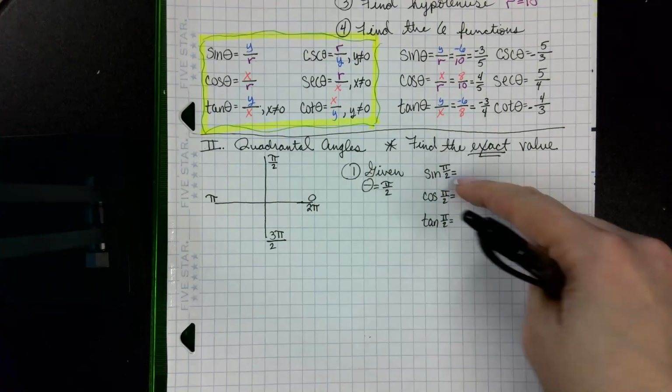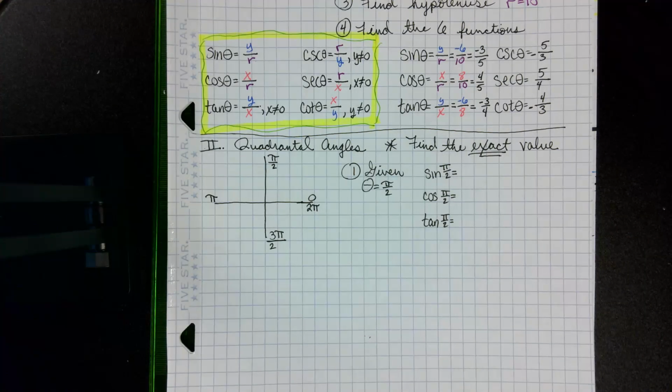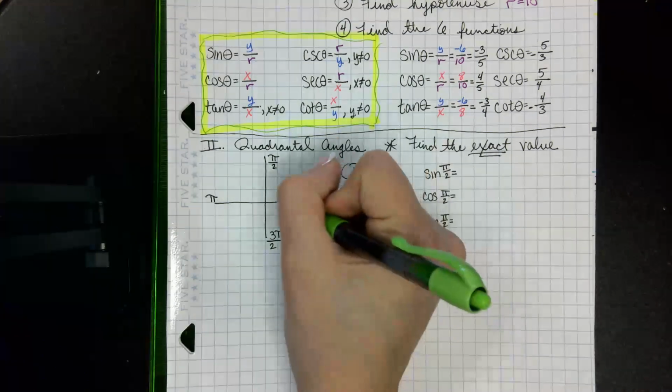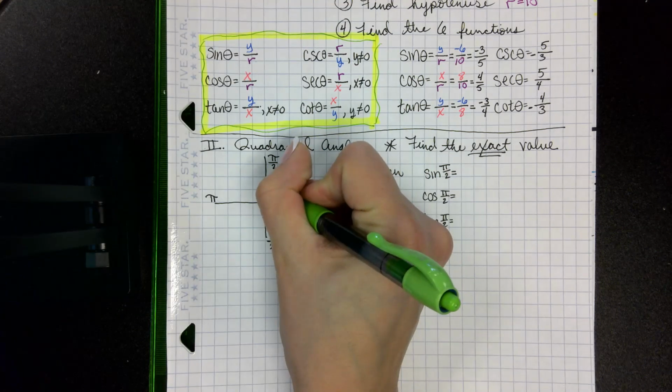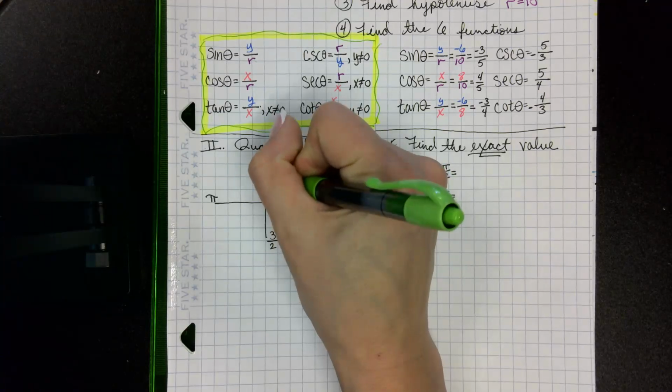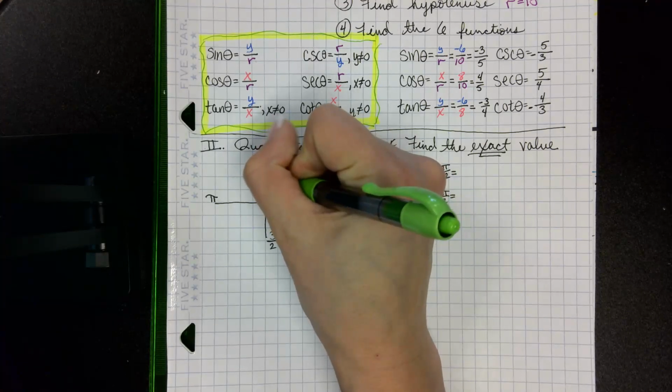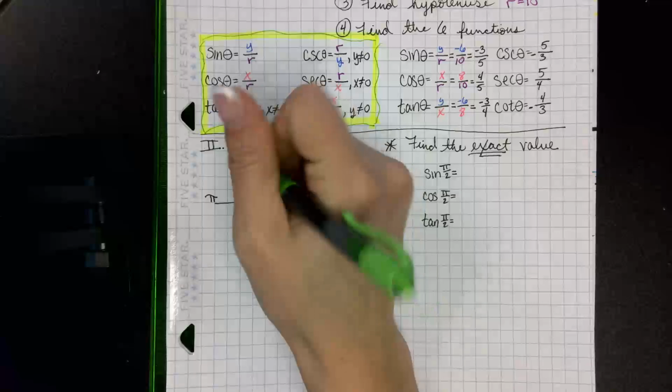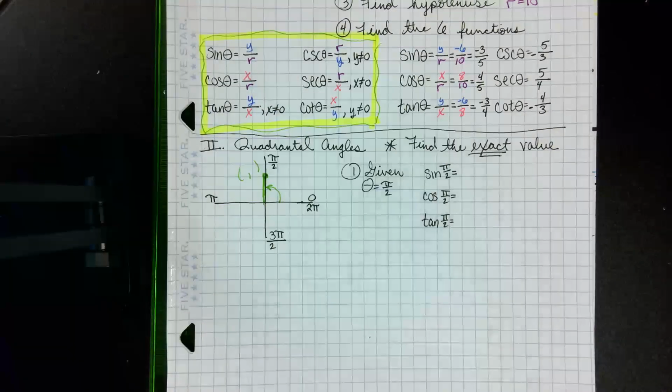So my angle is pi over 2. So from the terminal side, I go positive pi over 2. So the terminal side of my angle is right here. So I'll put a point right there. And then I need to find the value of that point.